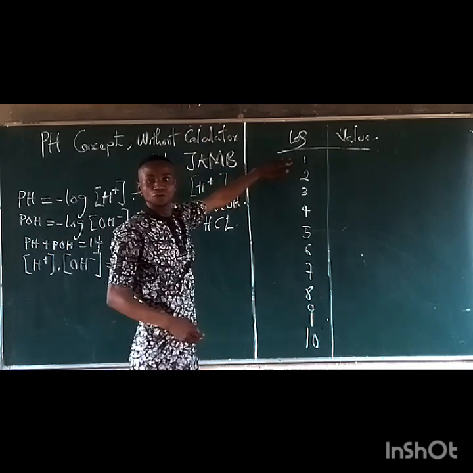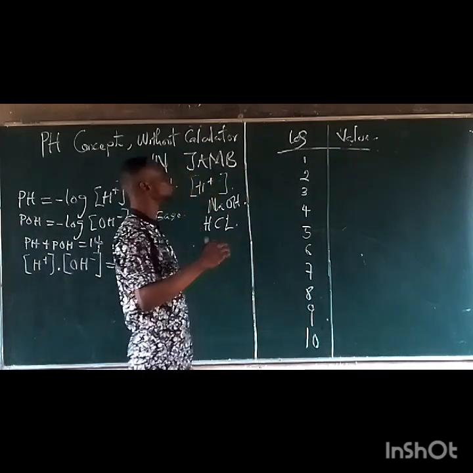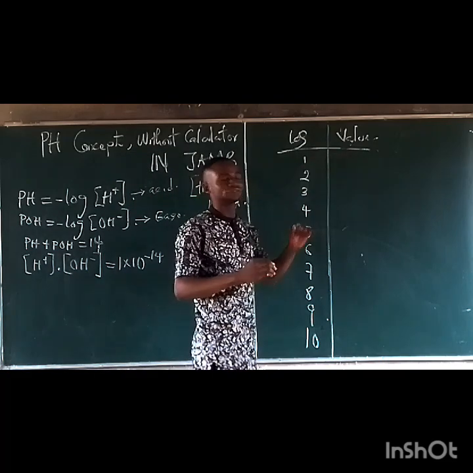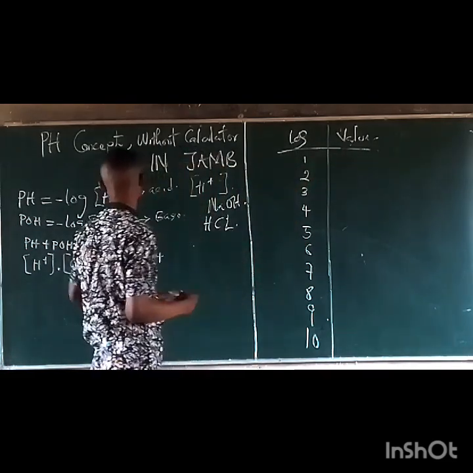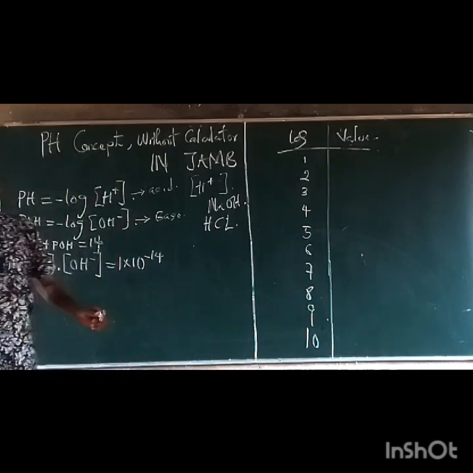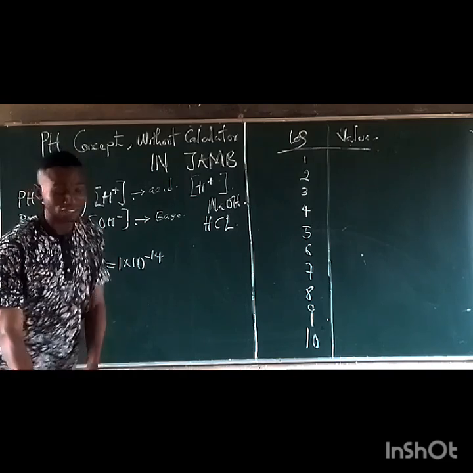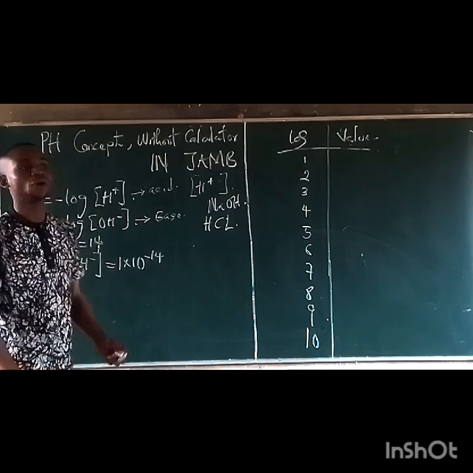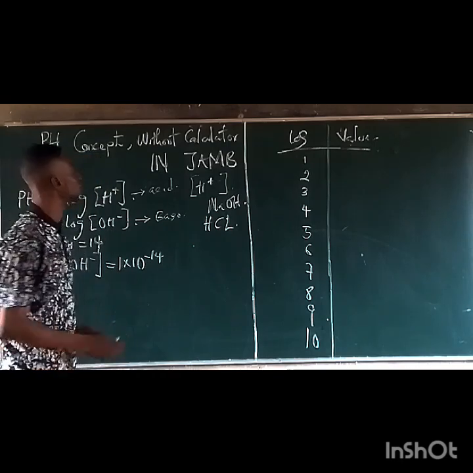They won't pass from log 1 to log 10. So what do you now need? You need to know all the values of this logarithm. Trust me, if you can know all of them, we are going to solve a lot of questions with this. And you are going to see how it perfectly works and how you can get your answer perfectly without even having the calculator or the function in the calculator itself. So take note of that.